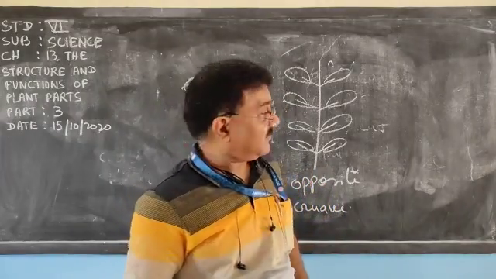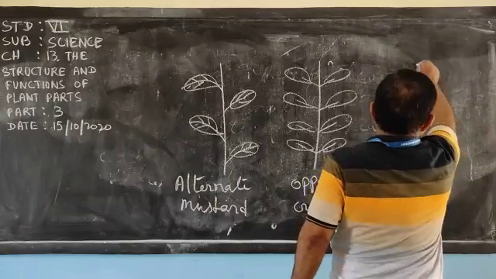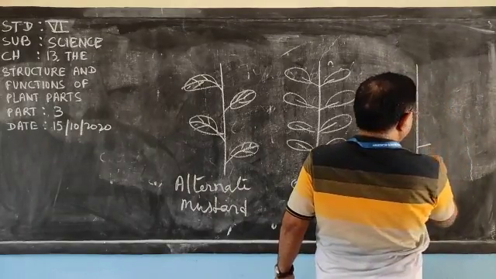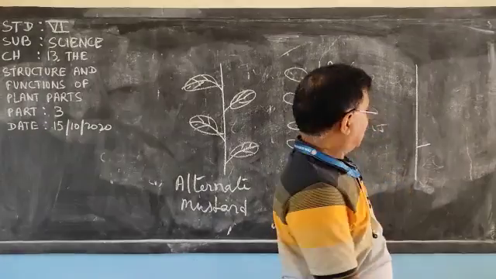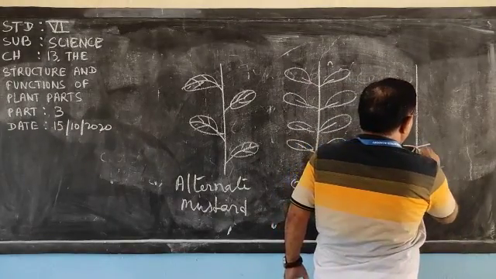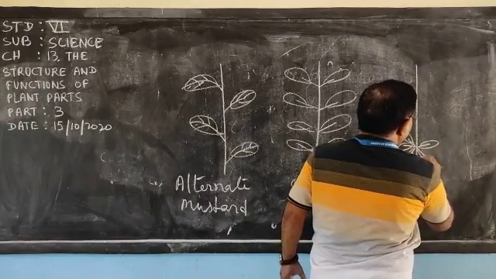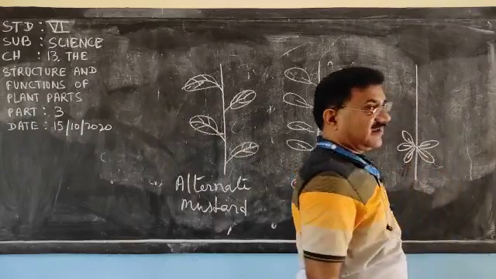And there is another arrangement on a single node. Suppose this is a node. Here many leaves are there forming a circle.